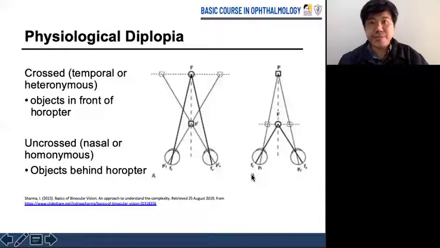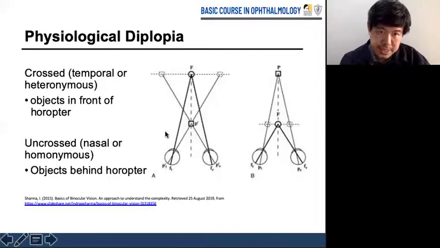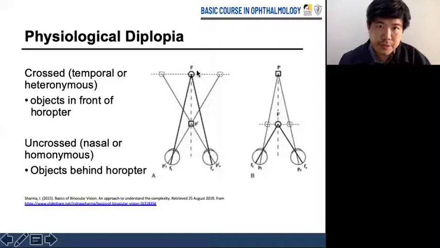There are two types of physiological diplopia. When the object is between the empirical curve and the eyes, the diplopia is crossed, okay? So as a result of the image falling in the temporal areas of the retina. So as you can see here, this is your empirical curve, this is your eyes, so the object is between them.